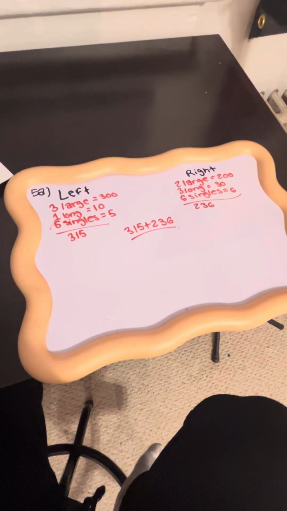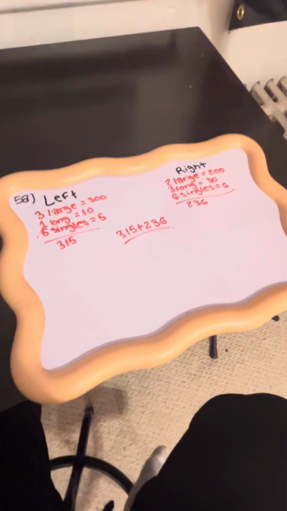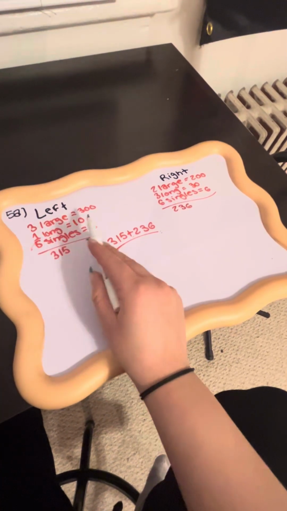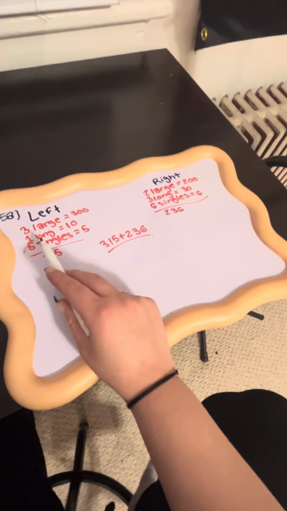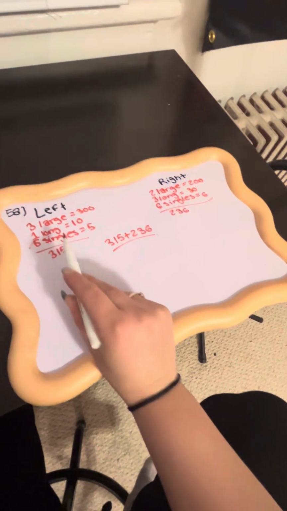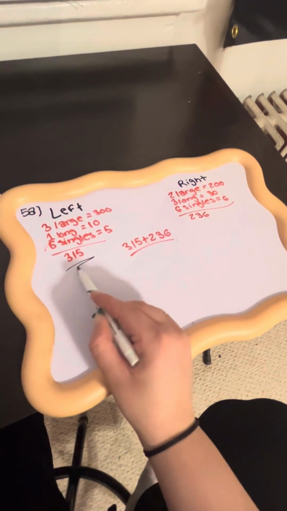For number 5A, the addition problem being suggested would be, so on the left we have 3 large squares, which is 300. We have 1 long strip, which is 10, and 5 singles, so that would be 315.